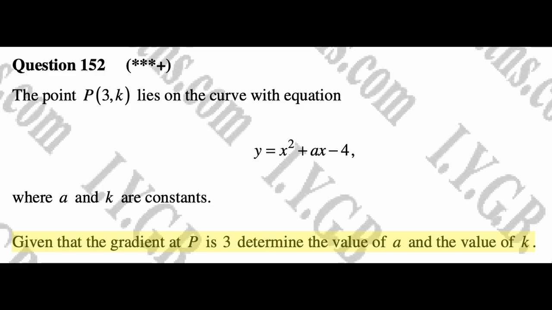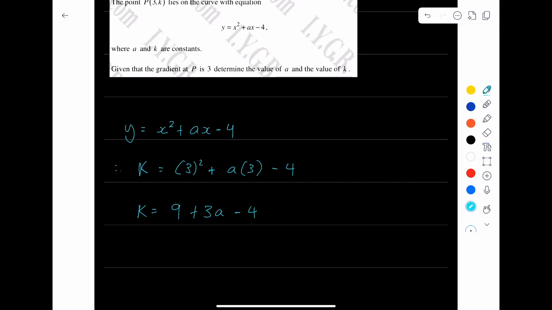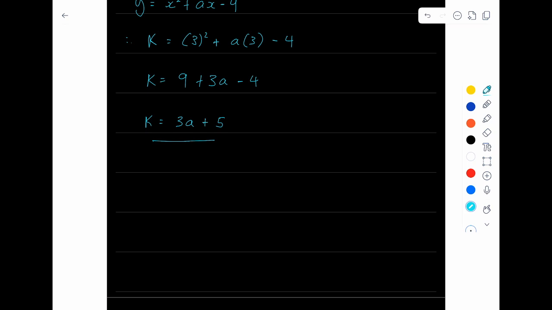If we start with P, x equals 3, and we plug that into our equation, then k is simply going to equal 9 plus 3a minus 4, which is equal to 3a plus 5, because we plugged it in. So far here, k depends on a.